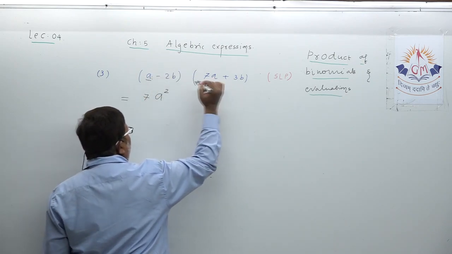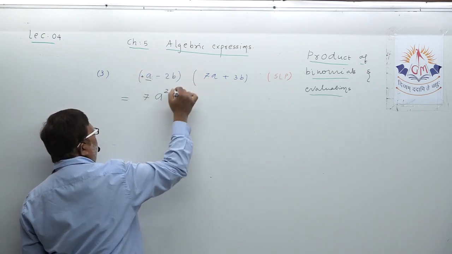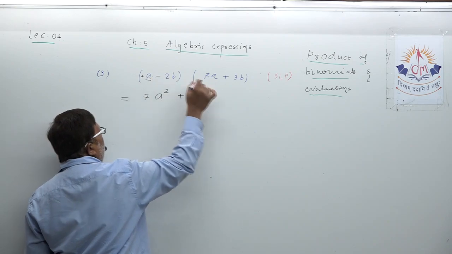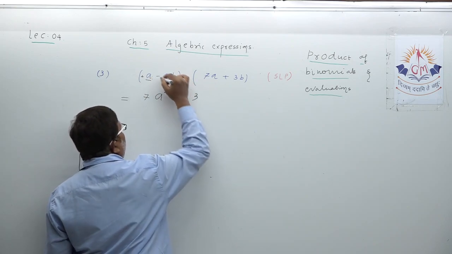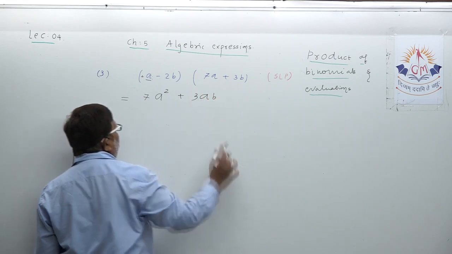Now this is to be multiplied with this. No sign means plus, plus plus plus, as you all know. 1 three is 3, a into b, that is ab, okay?